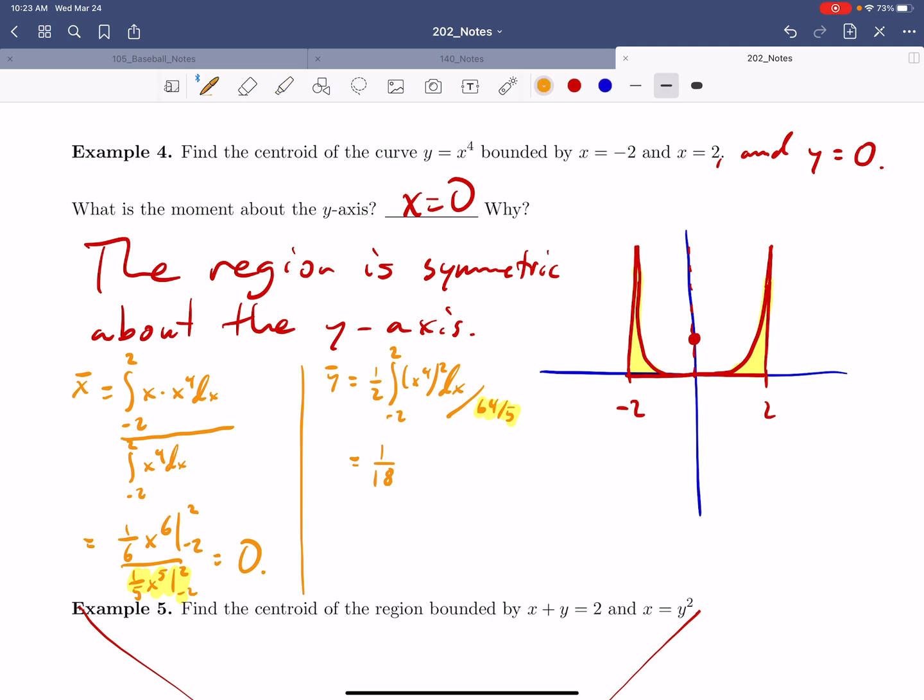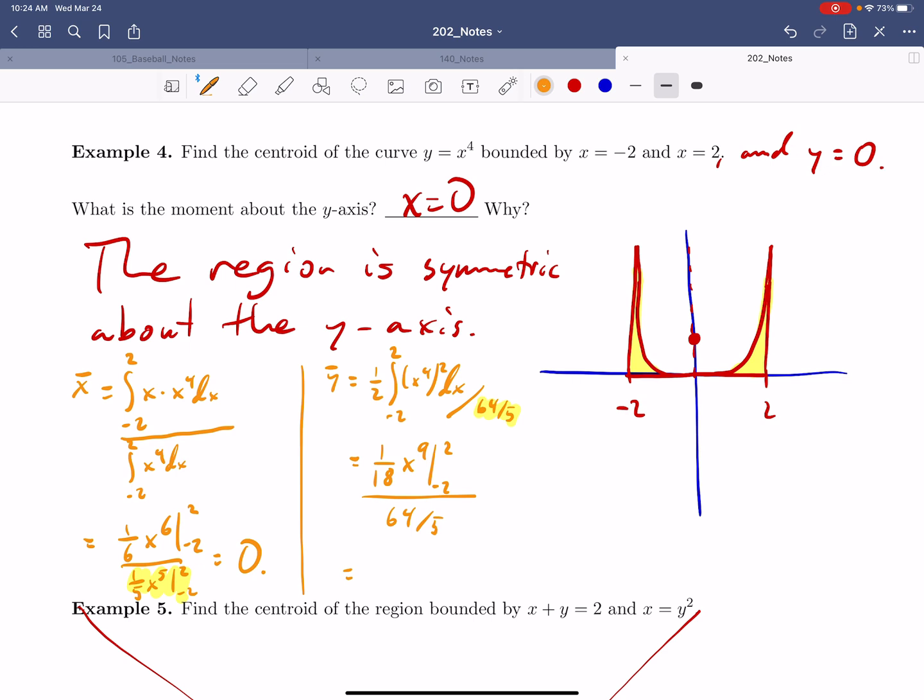So we're getting 1/18 x to the 9th, divided by 64 fifths. When we do this out, it's not going to be the nicest thing in the world, but 2 to the 9th is 512, times 2 is 1,024.